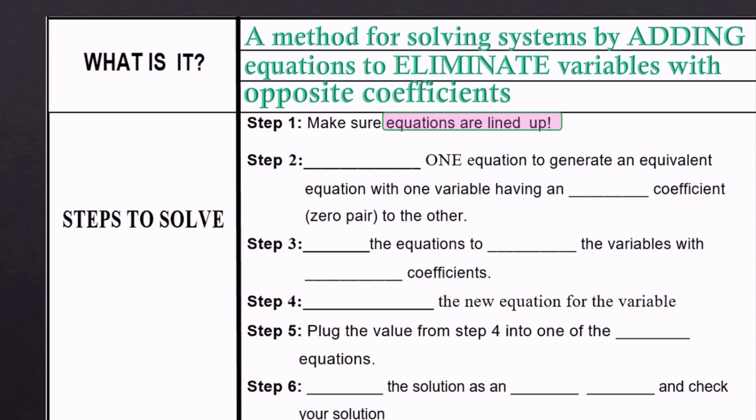After we've lined our equations up, there is step 2, and you need to write this in on the side, please. You might not have to do this step. Step 2, you may be able to skip sometimes, as well as step 1. But sometimes we're going to have to multiply one or both.